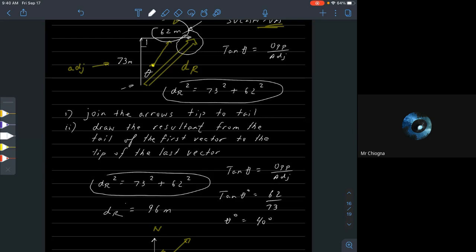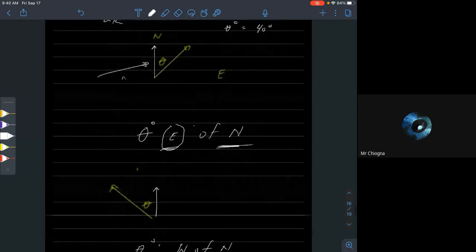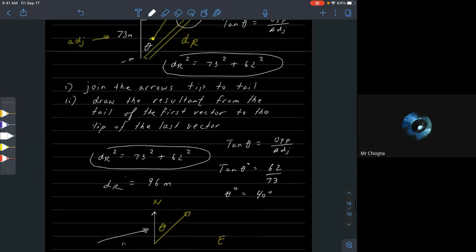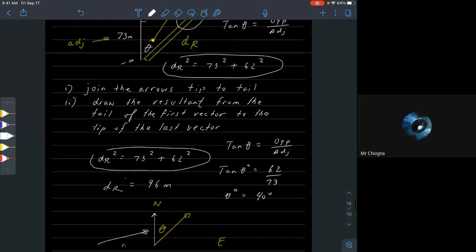Would you leave it like that? After I went over all this, what would you add, tack on to the end of 40? East of north, south of north, west of north. Perfect. Now you're done.